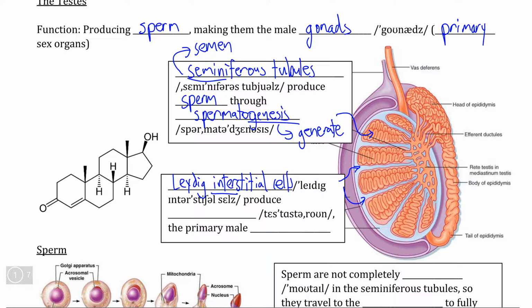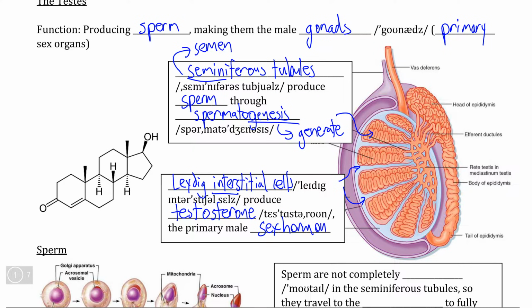Again, we can see the prefix inter, indicating that we find the Leydig interstitial cells in between layers of seminiferous tubules. The job of these interstitial cells is the production of a chemical called testosterone, which is the primary male sex hormone.